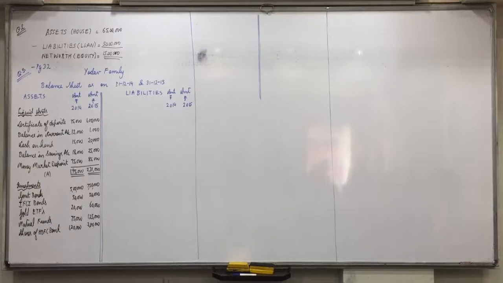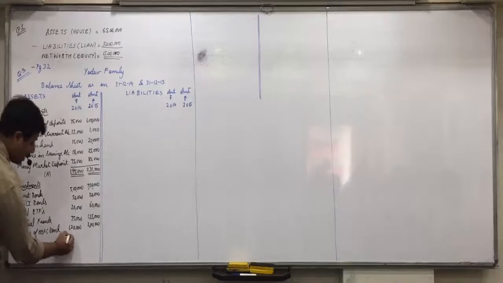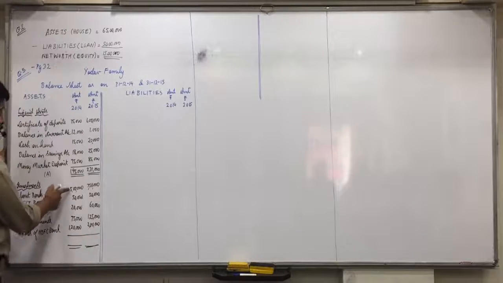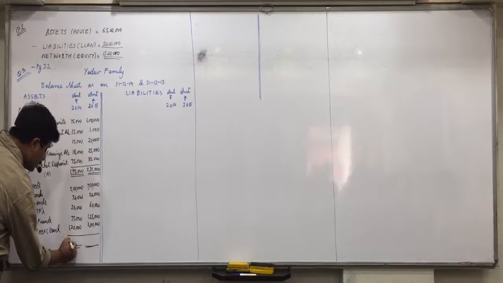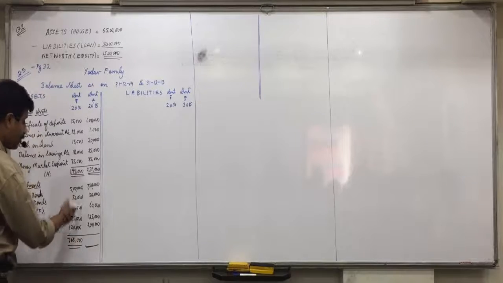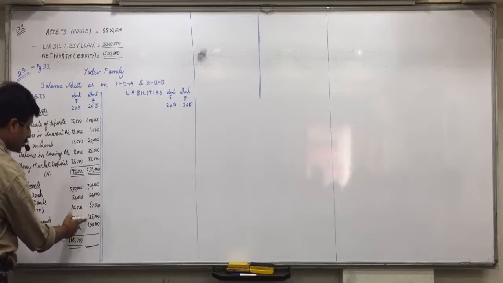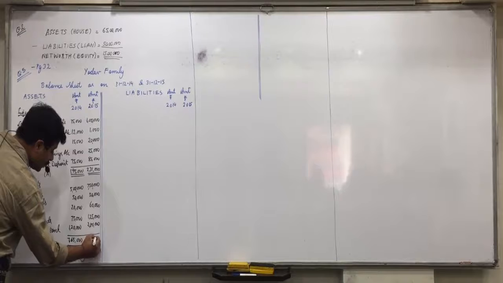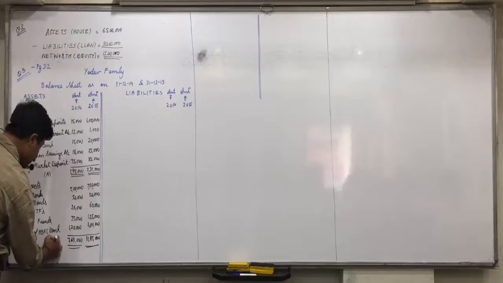Nothing else is marked as investments. So again the total of that will be obtained as B. So 7 lakh 65,000. 758, 860, 985, 11 lakh 85,000. Marked as B.